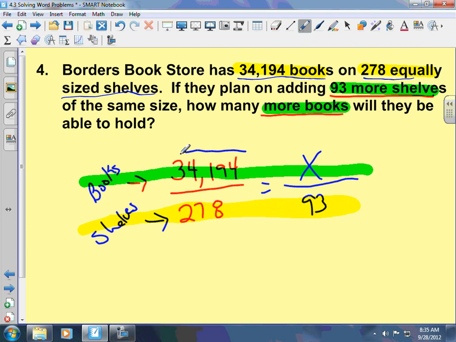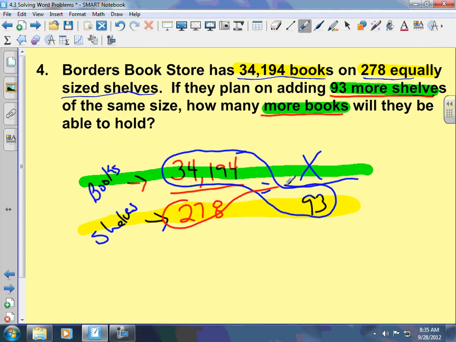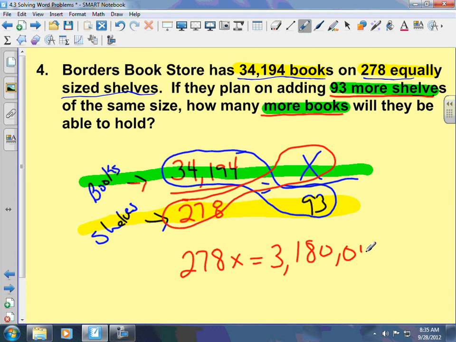Now, I cross multiply. $278 times X. So then I get, this is the easy one, 278 times X is 278X equals 34,194 times 93, which is actually 3,180,042.